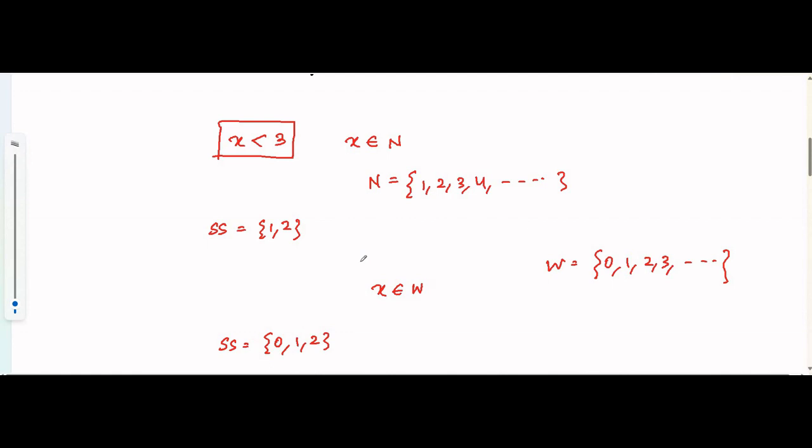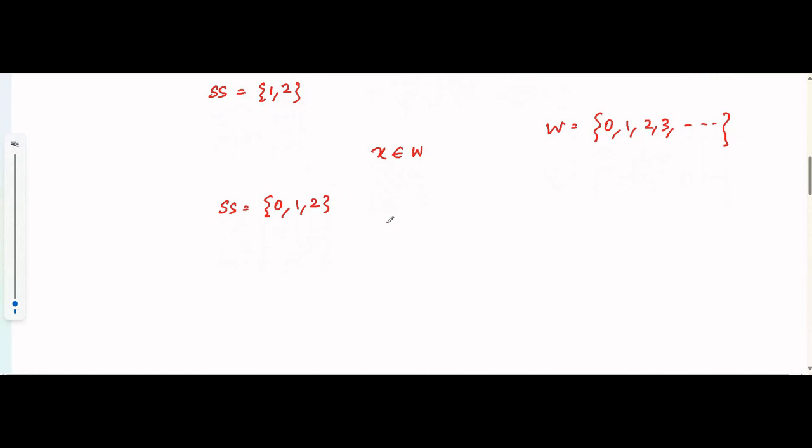So when the replacement set became the set of whole numbers, our solution set changed. Similarly, for the same relationship x lesser than 3, let's say we have the replacement set as x belonging to the set of integers. In that case, the solution set would be all the negative numbers, -2, -1, 0, 1, 2.